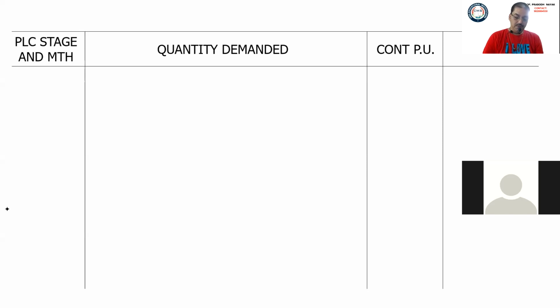Prepare the format. Keep your calculators ready because a lot of calculation has to be done.